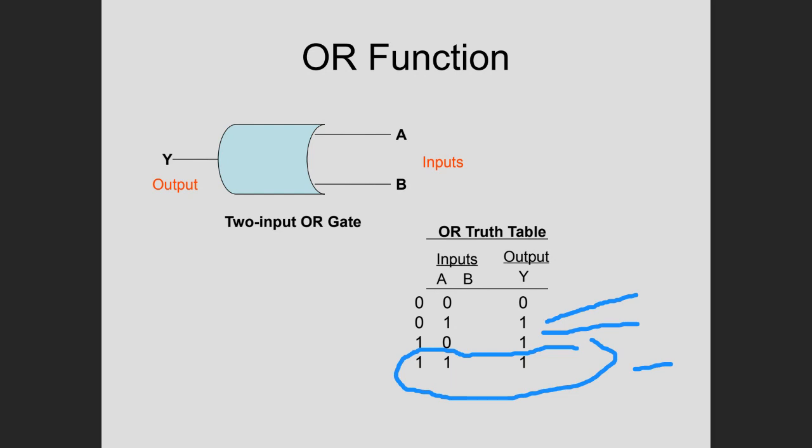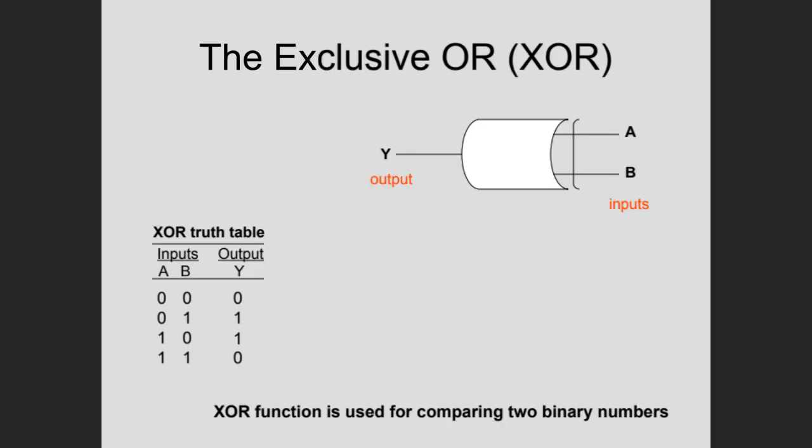The way you do that is by using something called the exclusive OR. If you look at the symbol, it's just an OR gate with this mark right here. This is what differentiates an OR from an exclusive OR. But more importantly, look at the truth table and the condition they exclude. It's exclusive OR because we exclude the condition where both inputs are true.